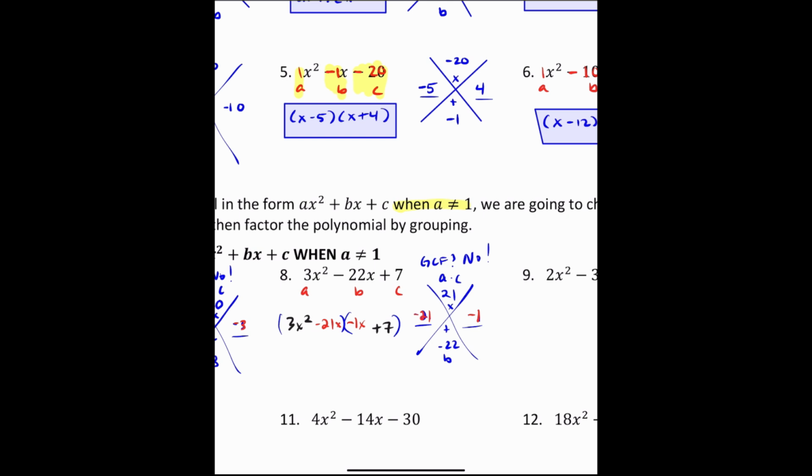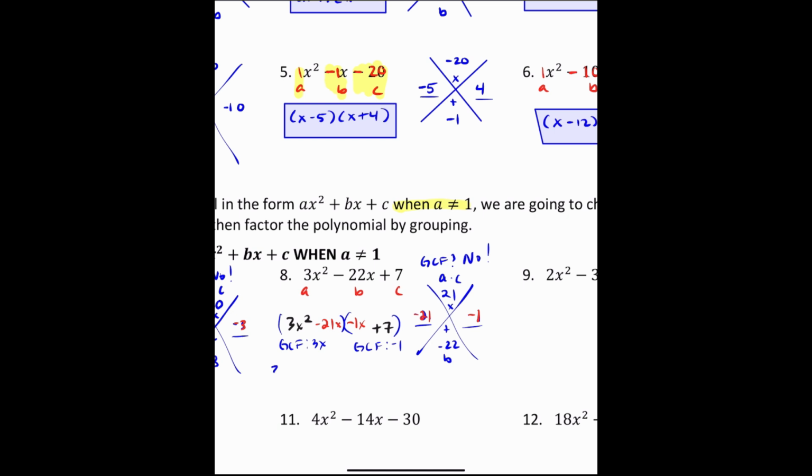The GCF of the first group is 3x. And the GCF of the last two terms should be negative 1. Alright, remember we need to factor the negative out. And the only number that goes into negative 1x and 7 at the same time is negative 1. Okay?